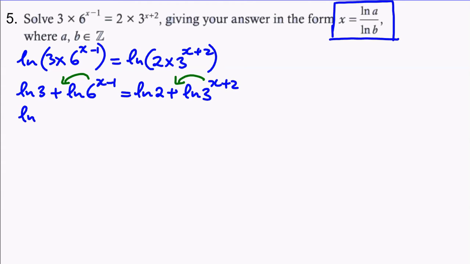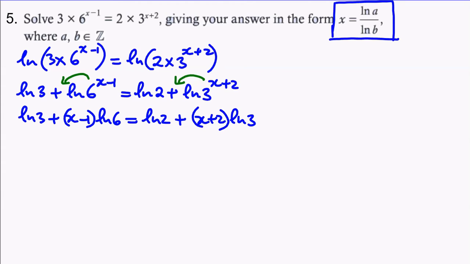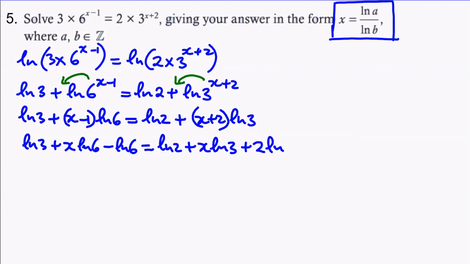So ln 3 plus (x minus 1) ln 6 will be equal to ln 2 plus (x plus 2) ln 3. So ln 3 plus x ln 6 minus ln 6 is equal to ln 2 plus x ln 3 plus 2 ln 3.